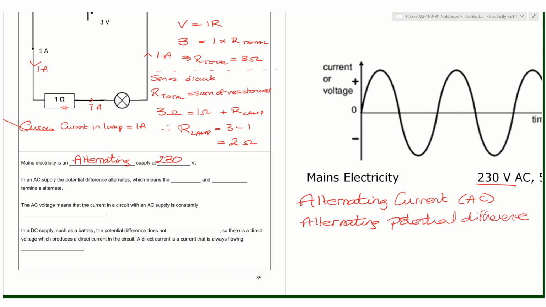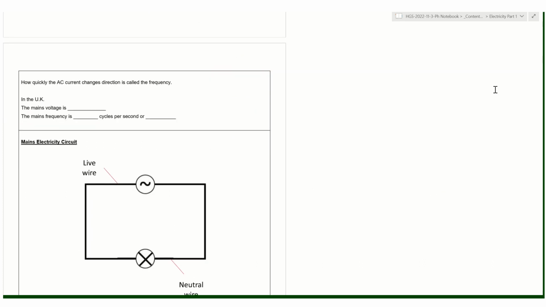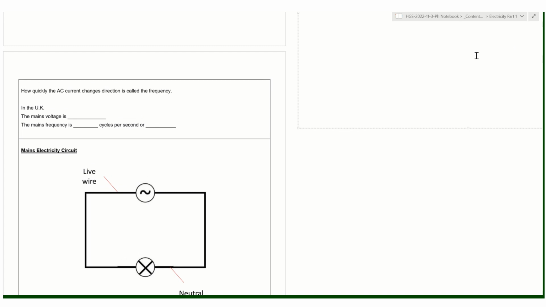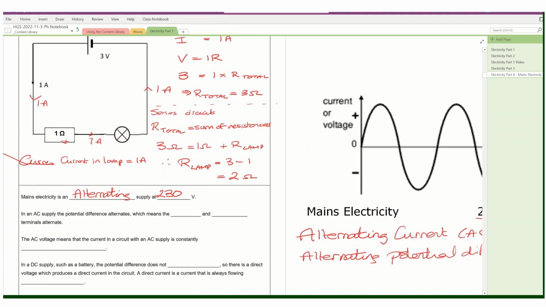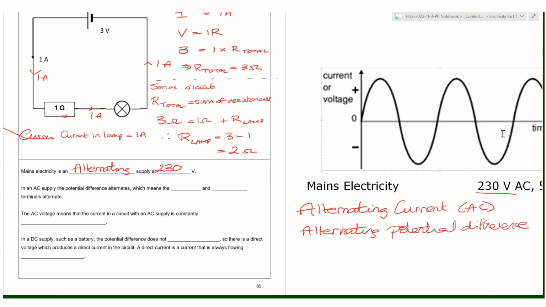In the cell, which is fixed at 3 volts, that's not alternating, it's not changing, so we call that direct voltage or direct current.